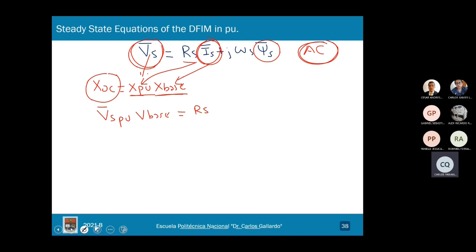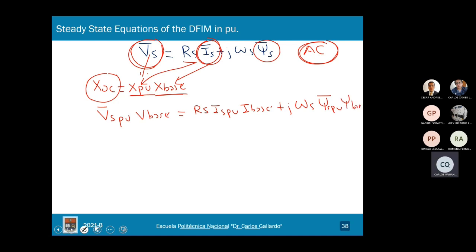So I will have the stator resistance times the stator current, the per unit value times the base. And finally I will have j times the angular frequency times the flux. Once again, the flux, the per unit value times the base.